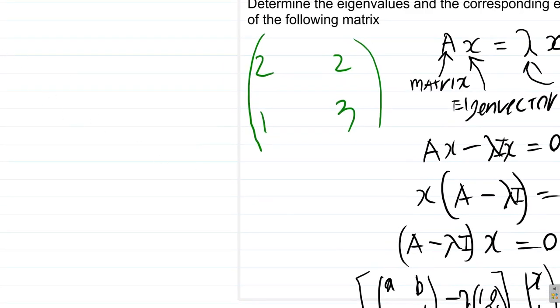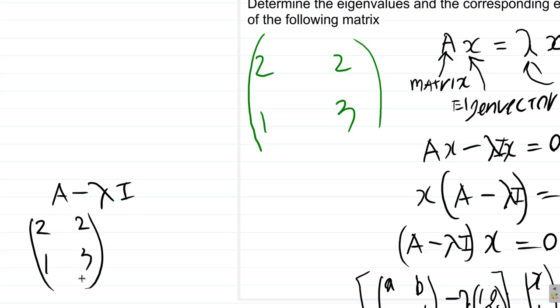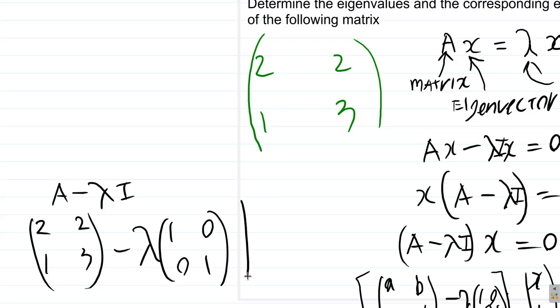So here now, if we have A minus lambda I, what you'll be saying is that 2, 2, 1, 3 minus lambda times 1, 0, 0, 1. And then if you find the determinant of this, you get 0, right? Because it's a singular matrix.